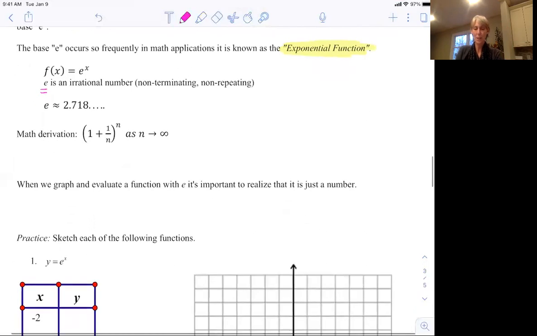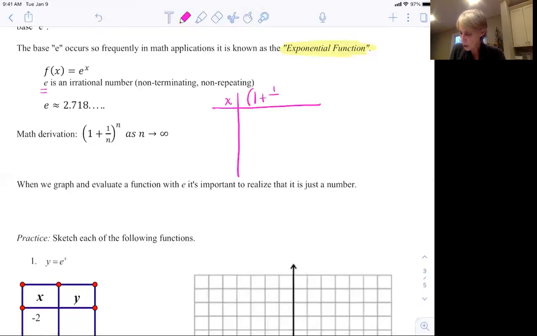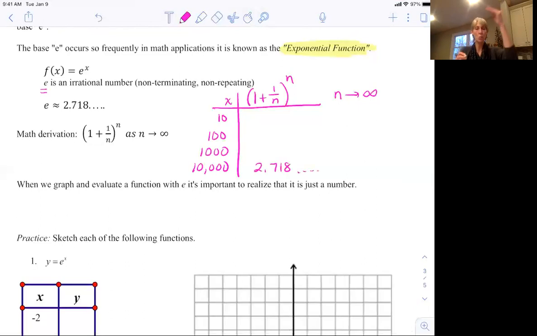Now, there is a special math derivation for e. I'm not going to ask you to do it, but if we were to fill in a table as n goes to infinity, plugging into this expression here, I don't know how mathematicians came up with that expression, but if you kept getting bigger and bigger, you would see your numbers get closer and closer to 2.718.